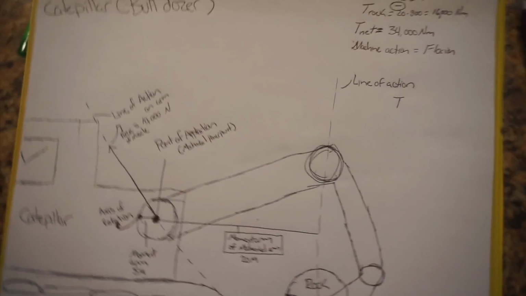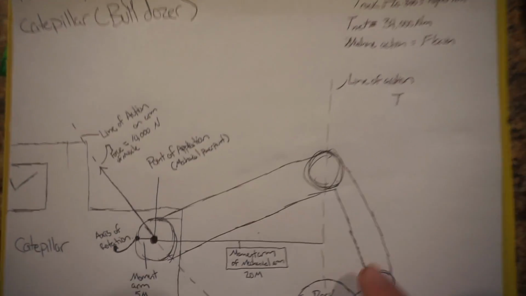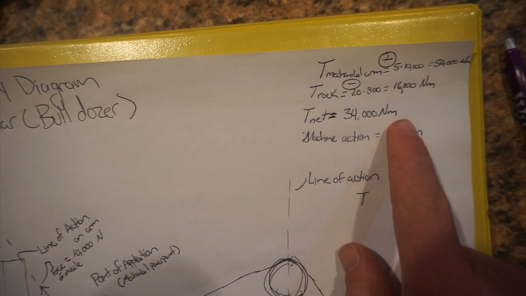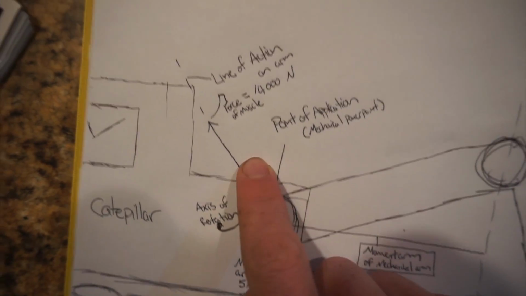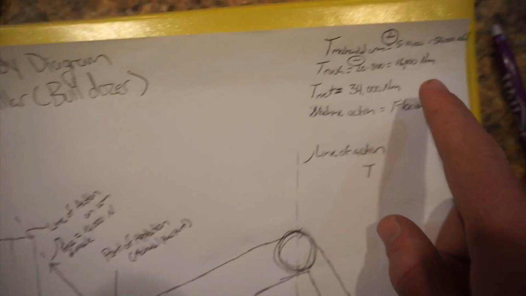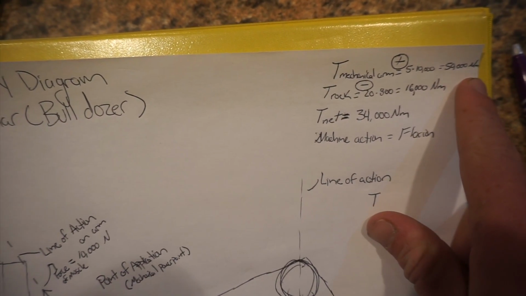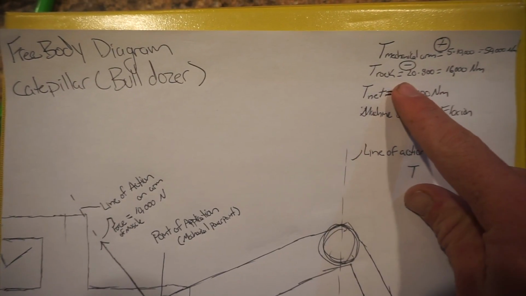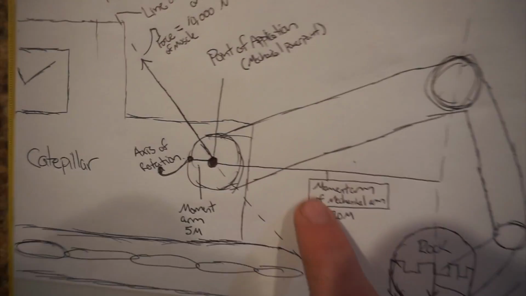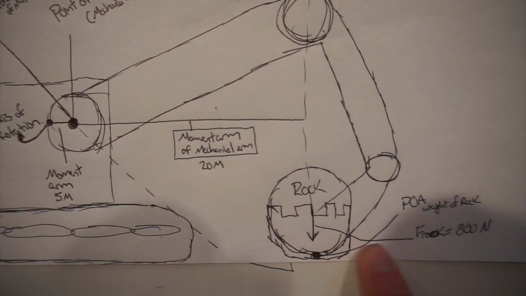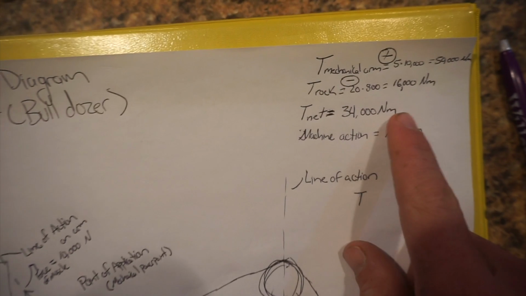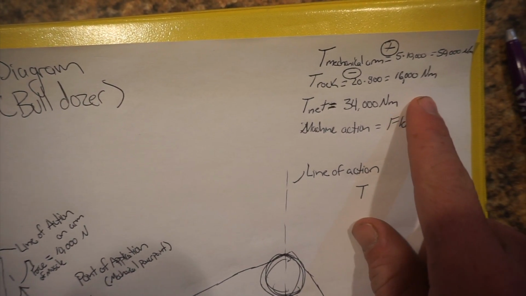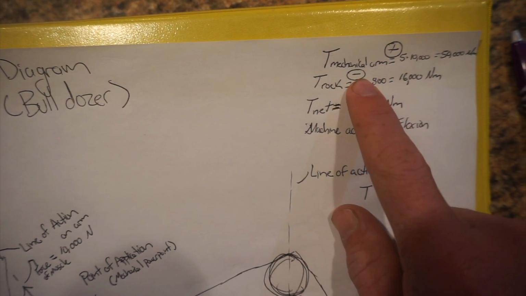Now with that being said, this gets us to our torques. I have 5 times 10,000, so our moment arm of 5 and the force of 10,000 give us 50,000 Newton meters. And then for the rock, the 20 right here times the 800 gets us 16,000 Newton meters, and that's going to be a negative direction.